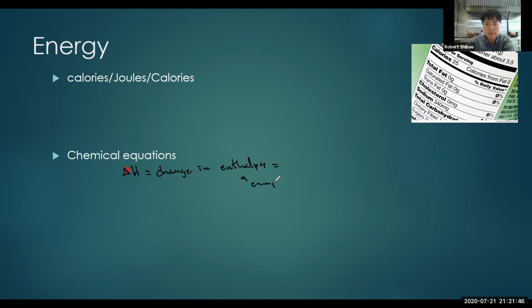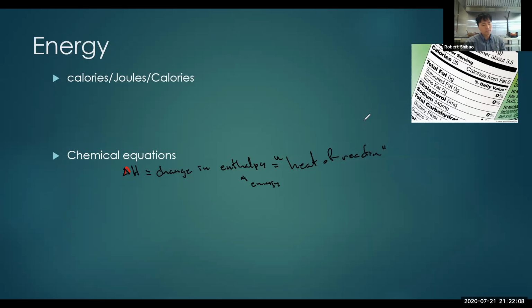And a lot of people think of this as heat energy, but it's not always heat. It could be work energy as well. So when people look at delta H, they just simply say it's heat of reaction. That is, if you converted all this energy into heat, that's how much heat you get.